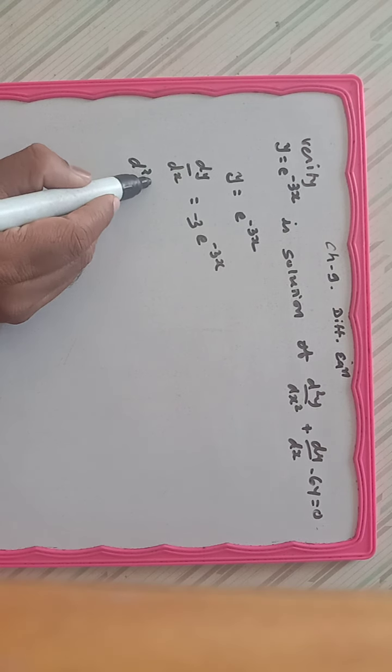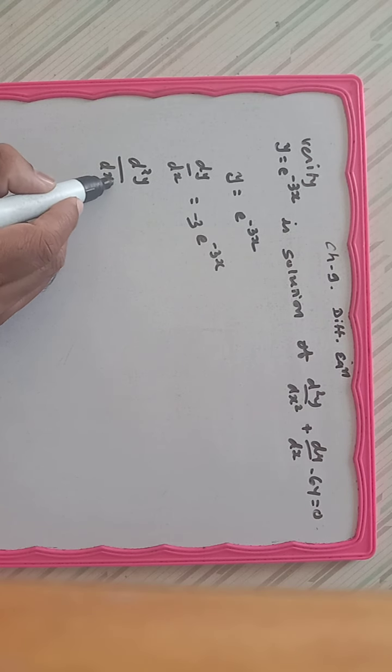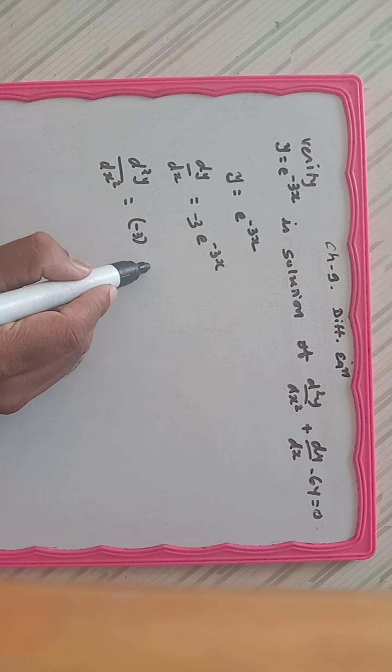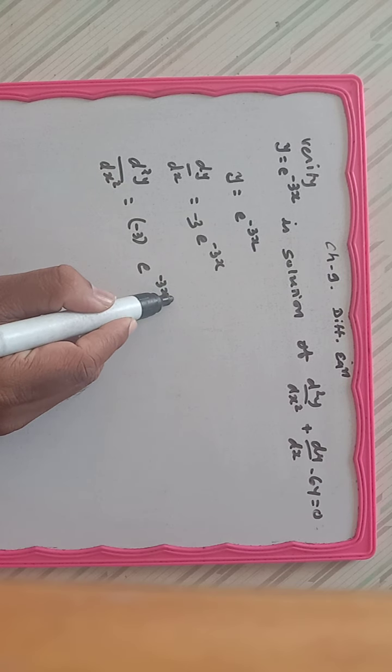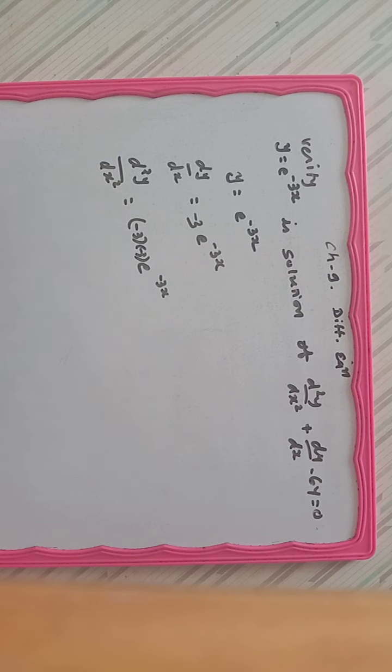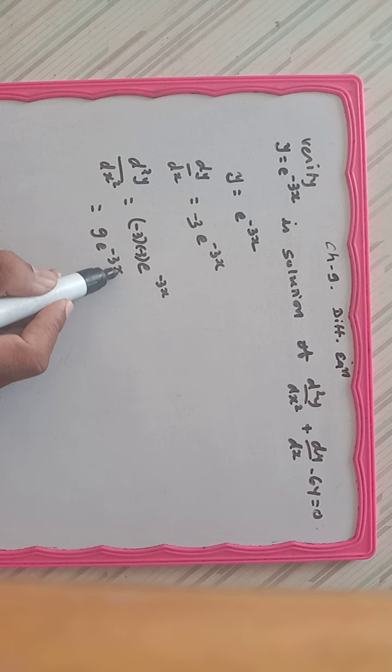Now the second derivative again we take, d square y by dx square: minus 3 as it is, times the derivative of e raised to minus 3x, and again minus 3 will be in front, so it will be 9e raised to minus 3x.